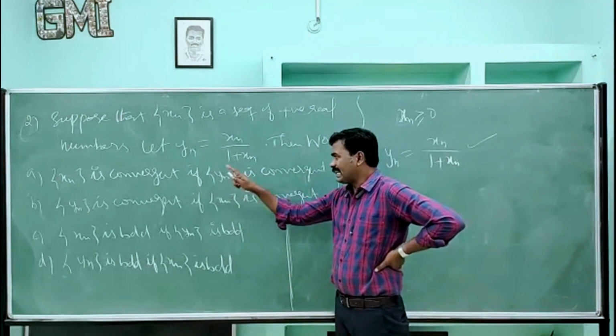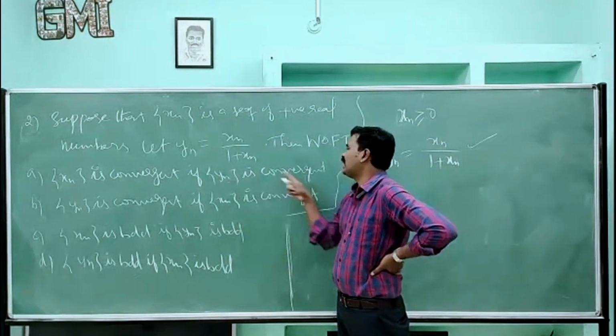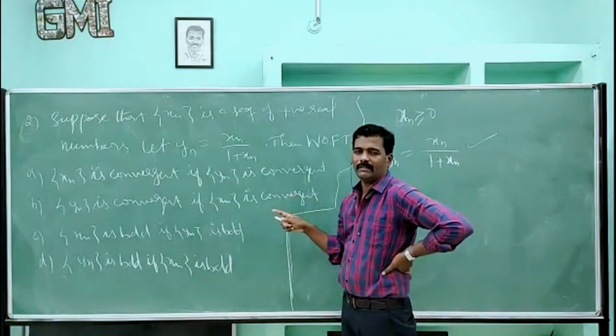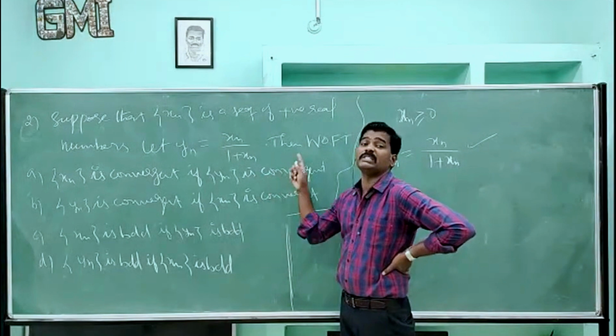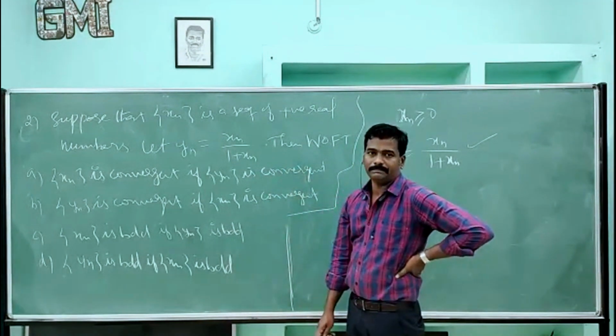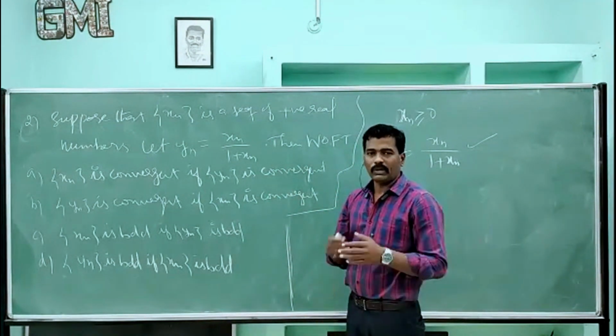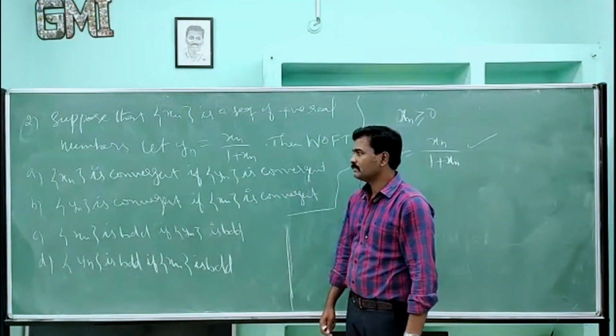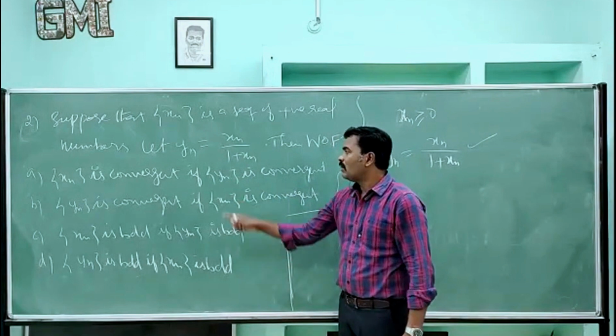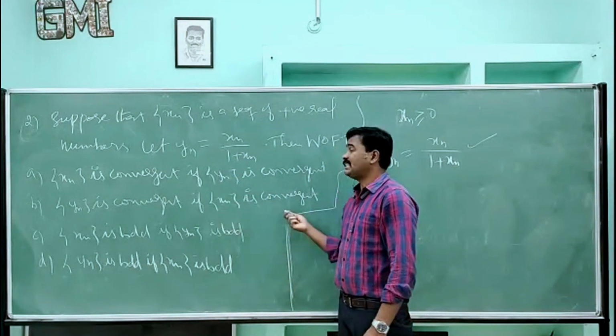The first option, xn is convergent if yn is convergent. What is that meaning? Whenever yn is convergent, which implies xn is convergent. Second statement, yn is convergent if xn is convergent.